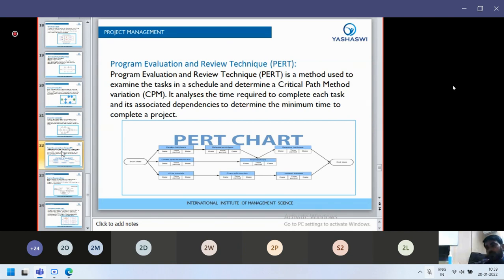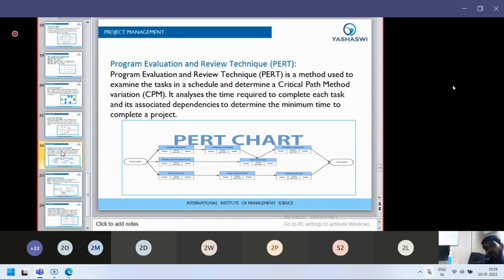The main aim is to minimize the time. Any project tries to minimize the time required for completion. Yes, many variations and accidents may happen, but they have this option to handle all of it through program evaluation and review techniques. But the main output of program evaluation is to minimize the time to complete a project.